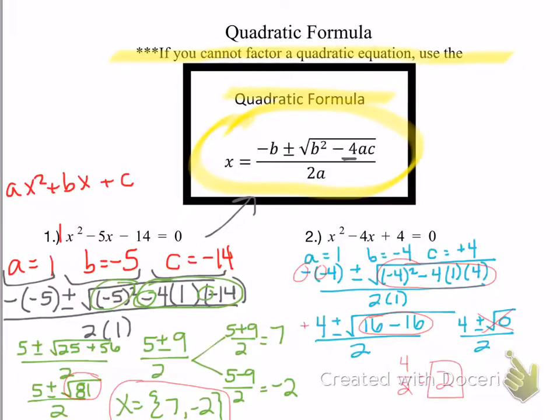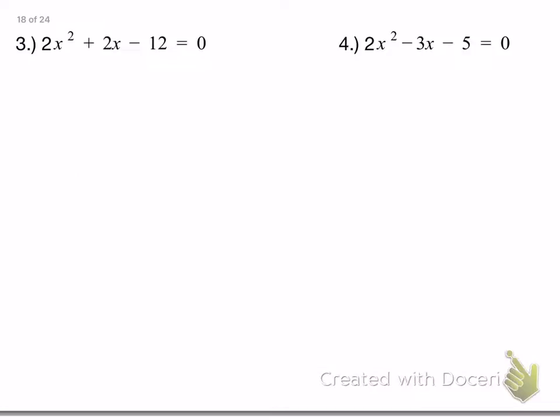Those are my first two problems. I'm trying to break it down as much as I can for you guys. Let's go ahead on to example number 3. First thing I'm going to do is label my A, B, and C. A is 2, B is 2, and C is negative 12. Remember our formula.